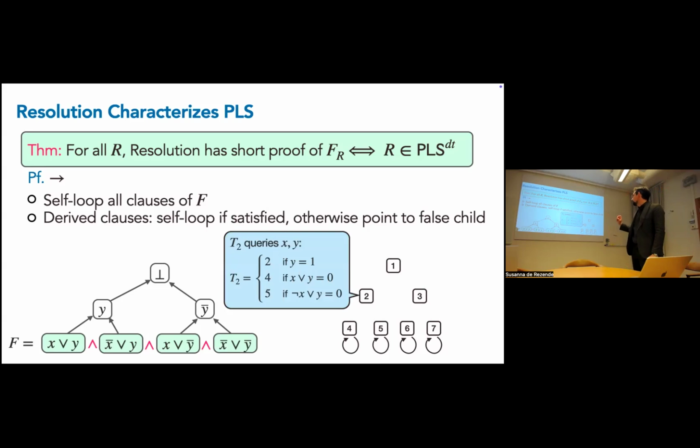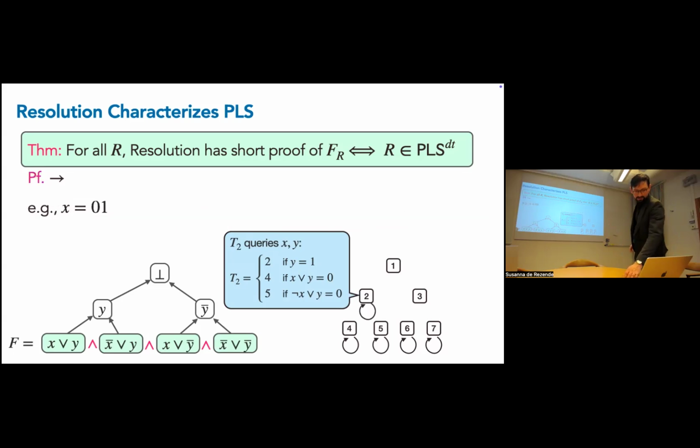So for example, the decision tree for vertex 2 corresponding to the clause y is going to query y, and if y is satisfied, it'll self-loop, and otherwise it'll query the variables in its two children and point to the one that is falsified. Because the proof is sound, at least one of the two children is going to be false. Okay, so let's suppose we have this assignment, 0, 1, and so y is set to 1, so we self-loop it.